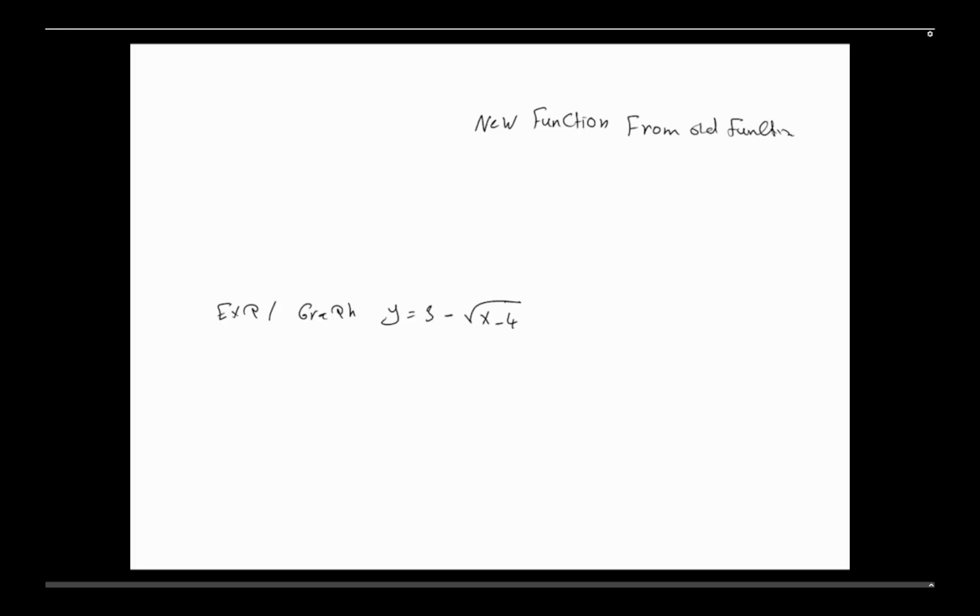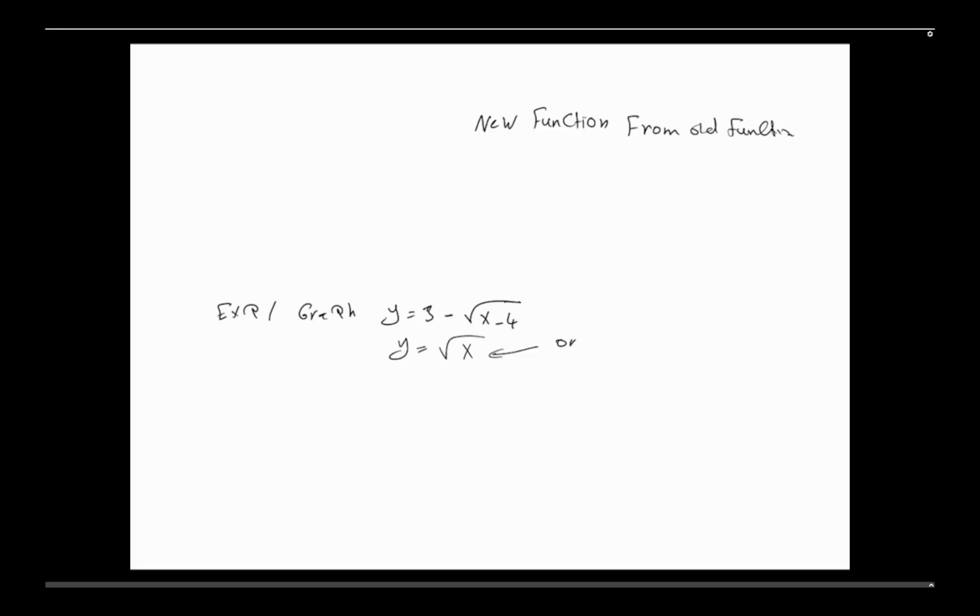And in order to graph this function, we're going to get the original function, or the old function. How do we get that? If you look at our example, you see that our original function is y equals the square root of x.